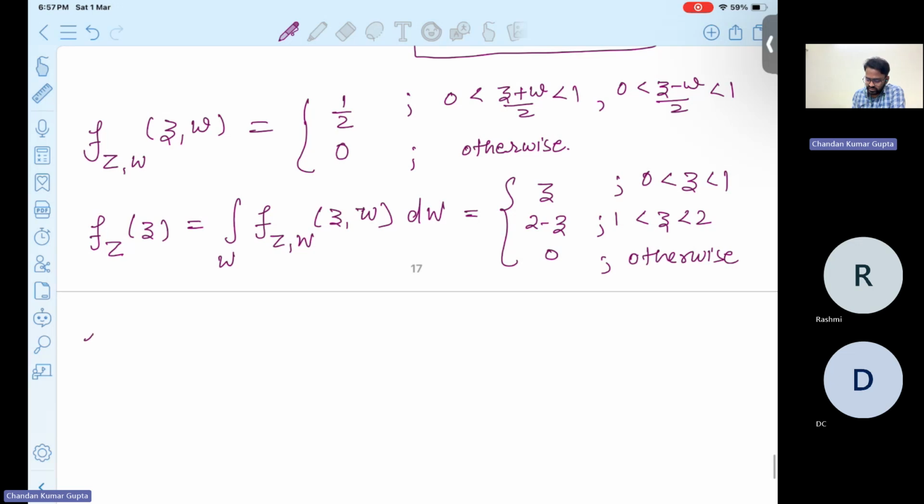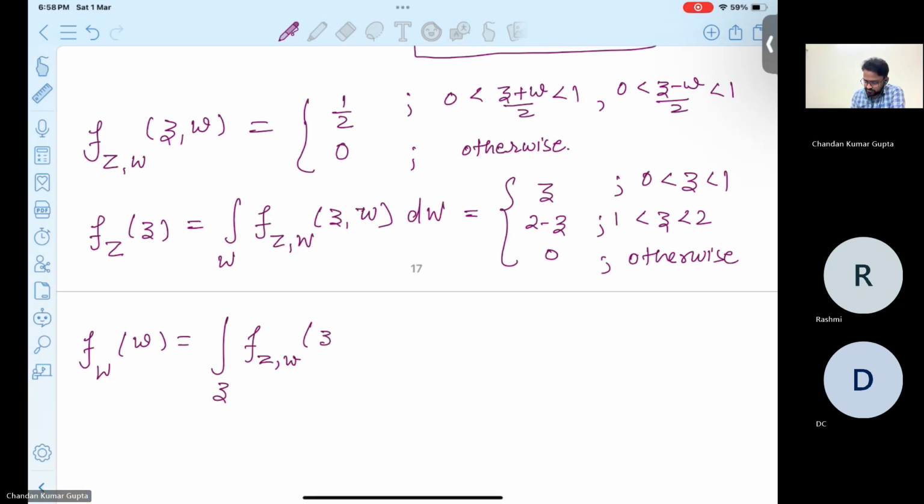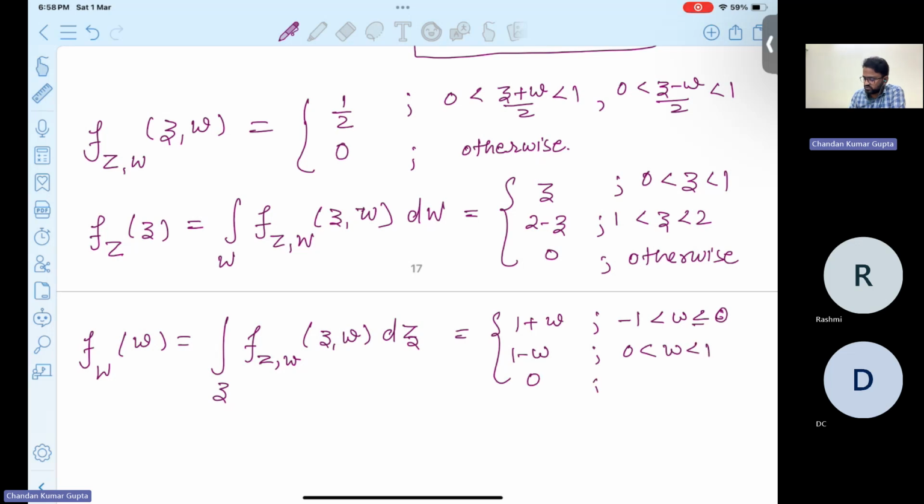And for w as well, take the range of z here, and this comes out to be 1 plus w when the value of w lies within minus 1 to 0, 1 minus w when it lies within 0 to 1, and 0 otherwise.